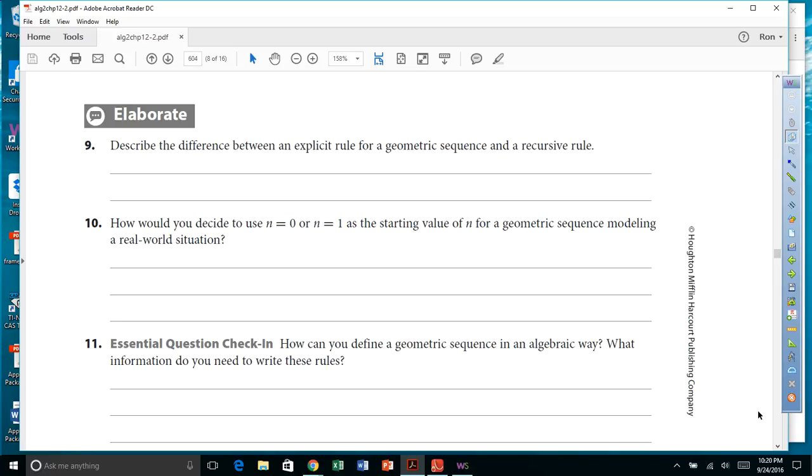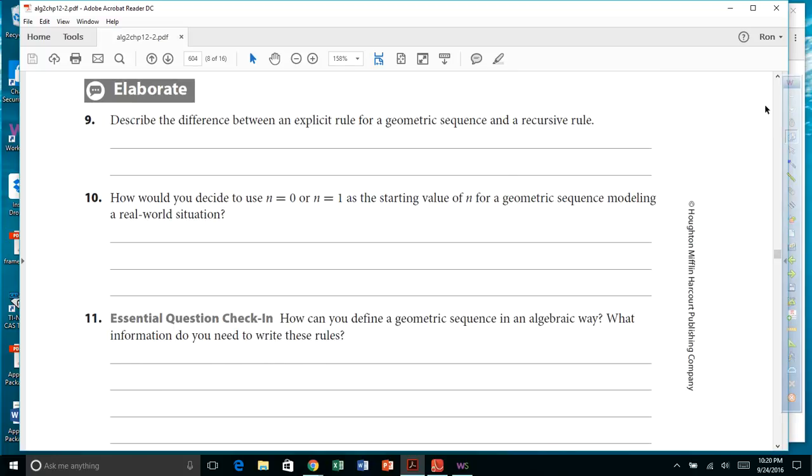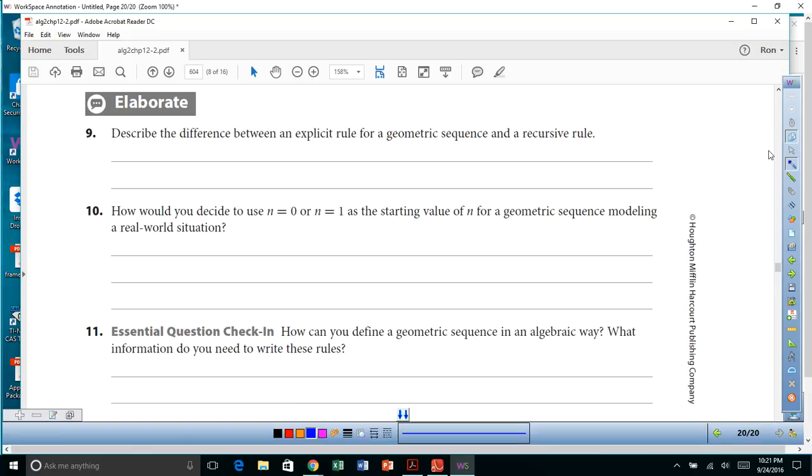Number 9, describe the difference between an explicit rule for a geometric sequence and a recursive rule. Well, an explicit rule allows you to compute any value directly, and that's the same as it was for an arithmetic sequence.